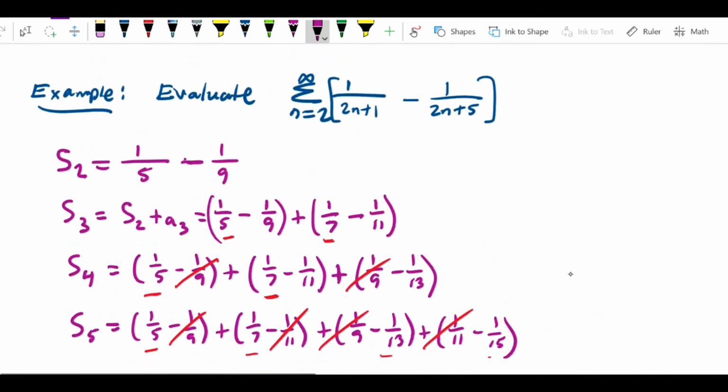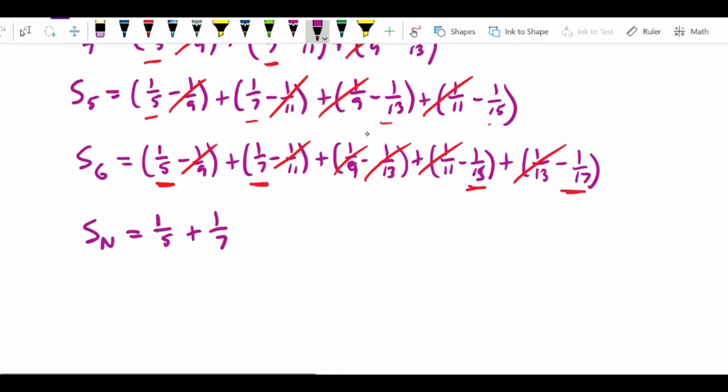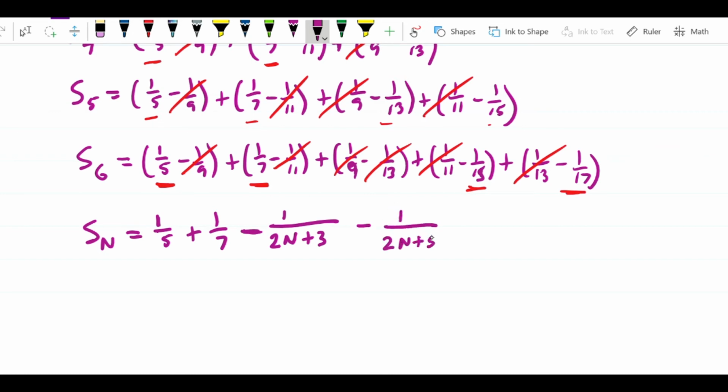What we know is that these terms are being generated by taking n and multiplying it by 2, and then adding something to it. Looking at this last one, 15 is 2 times 6, that's 12, plus 3. So I'm going to say 1 over 2n plus 3, and the 17th is 1 over 2n plus 5.